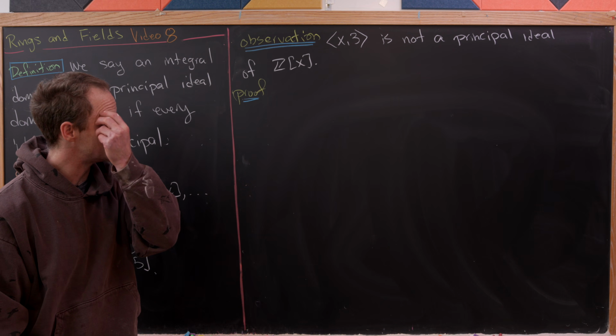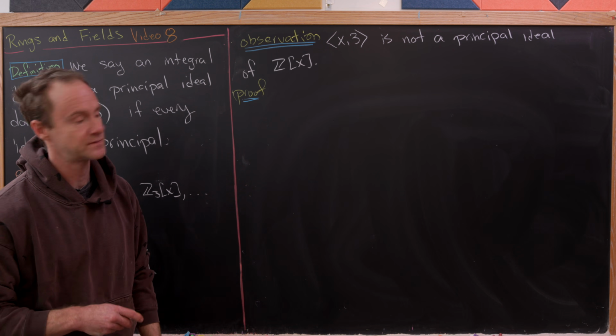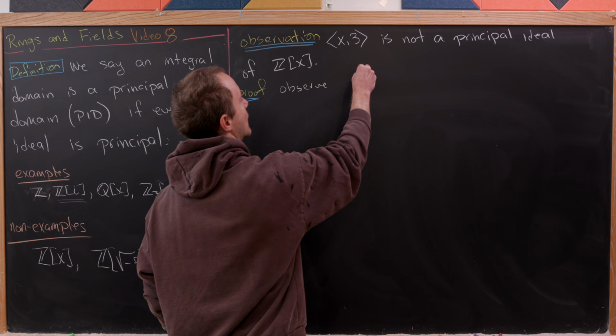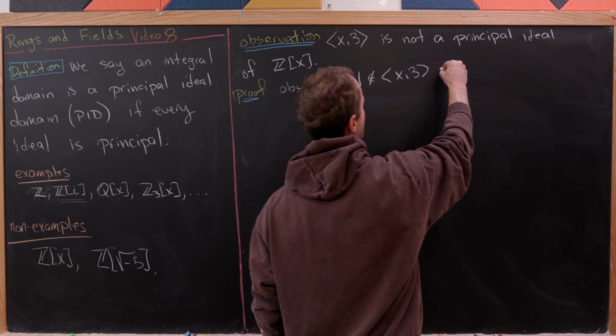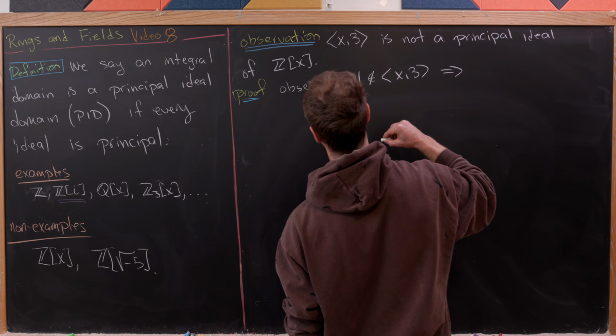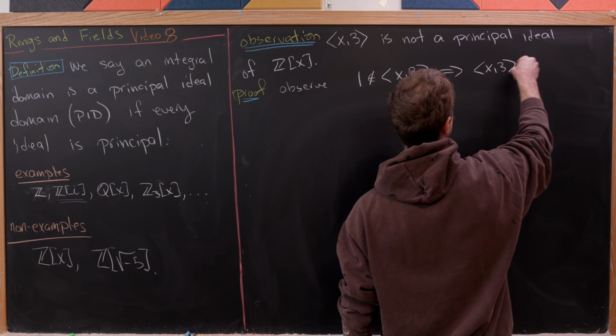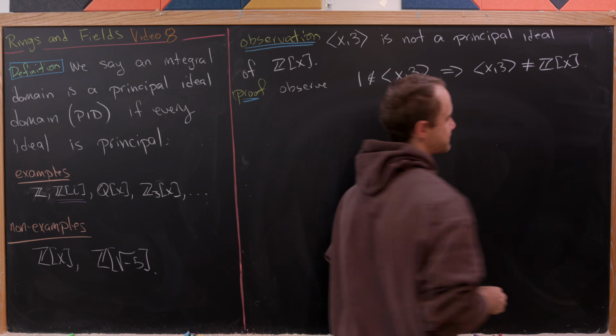We'll show that the ideal generated by x and 3 is not a principal ideal. So let's first observe that 1 is not an element of the ideal generated by x and 3. So that means that the ideal generated by x and 3 is not equal to the entire ring.